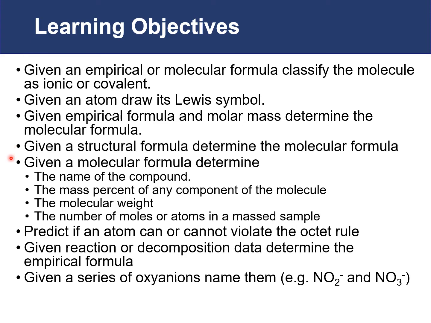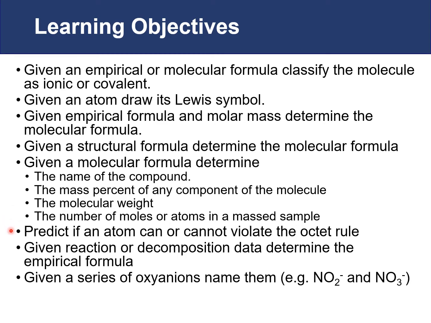Given a molecular formula, determine the name of the compound, the mass percent of any component within that molecule, determine the molecular weight, and determine the number of moles or atoms in a massed sample. So for example, you could be given 12.5 grams of water and asked how many atoms of hydrogen are there, or how many moles or molecules of water are present in that sample.